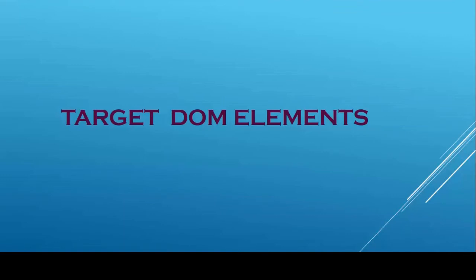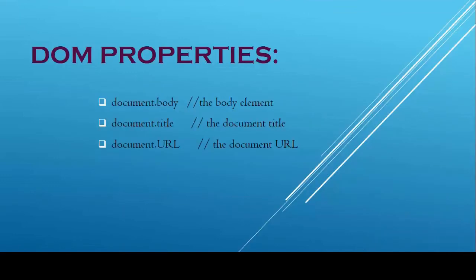Some meta and high-level elements like body, title, URL, and more are properties of document. They can be retrieved with standard dot notation. So, document.body gives you the body, document.title gives you the title, document.URL gives you the URL, and so on.